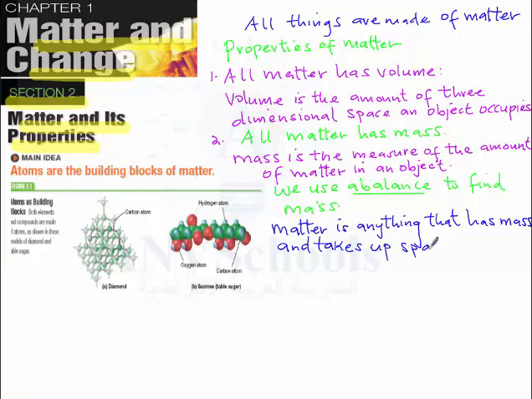So if you know anything that has mass, that is, we can weigh it and find its mass, and it occupies space, then that thing is nothing but matter. These two properties are the general properties of all matter: first it has mass, and second it has to occupy space.